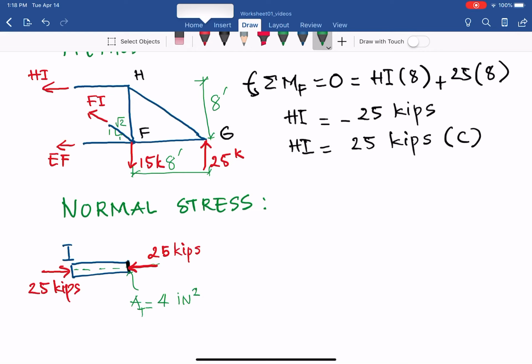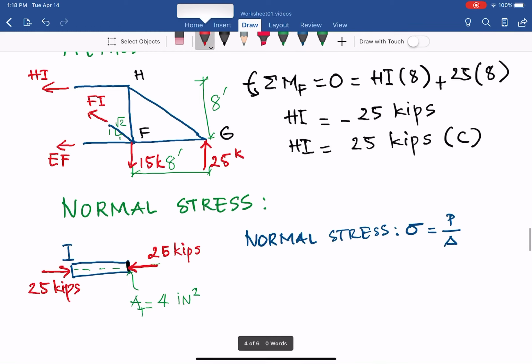From that we can have the normal stress, sigma, equal to P over A, the area of the transverse cut.